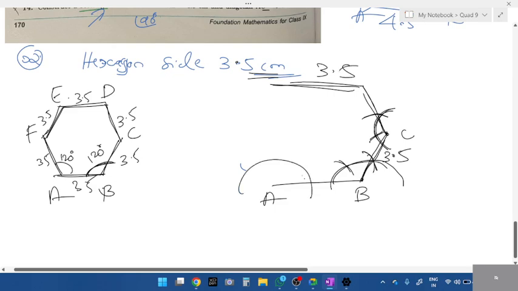Then draw 120 here. Construct till here. From here, construct another 120. 60, 120. You'll get value like this. Understood how to draw hexagon? Any doubts? That's it. Hexagon is also done.